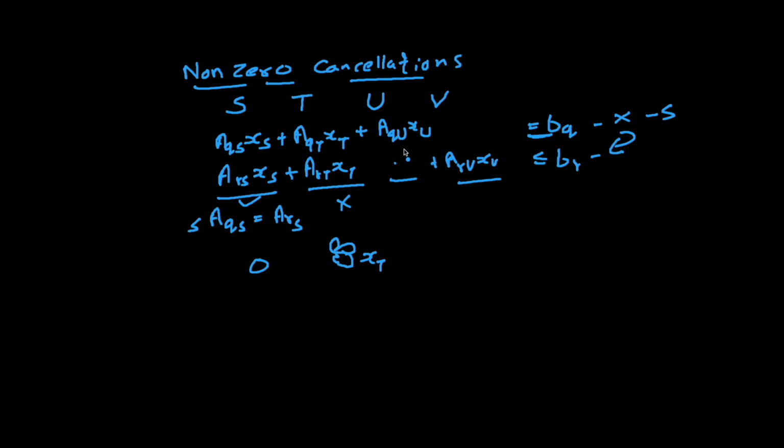This part was not there before. Here it was 0, and now when we multiply this by S, this part will come here. So let's draw another non-zero. This part times X_U, and this part will not change. This part stays as it is, something times X_V is less than or equal to some right-hand side.